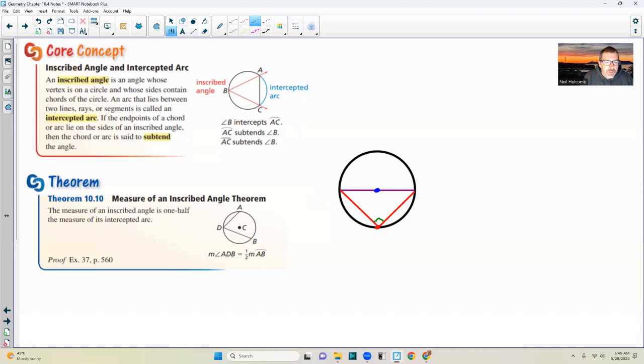The angle is going to be half of the intercepted arc, and no matter where I move that angle, so if I now move this dot, say right here, and I then move this chord to it like so, then this is still a right angle.